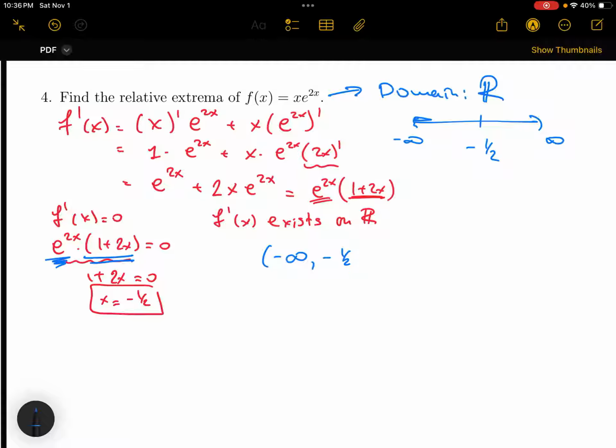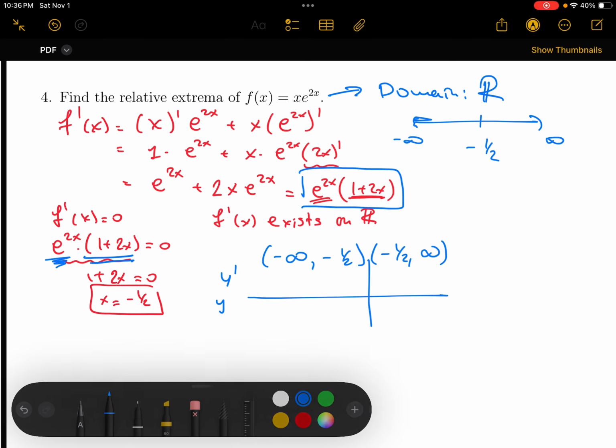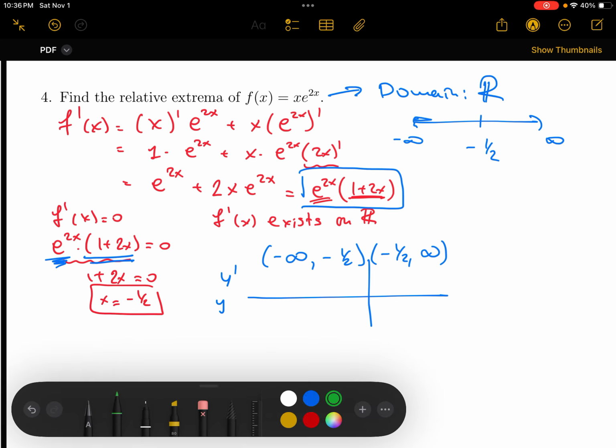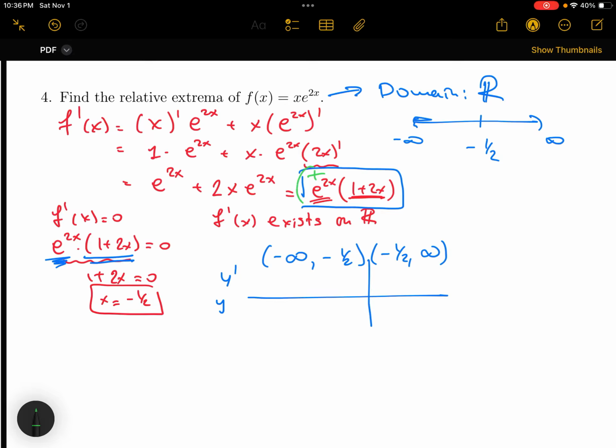You have from negative infinity to negative 1/2, and from negative 1/2 to infinity, y prime and y. If I look at this product here, I can see that this factor is always positive, so you can simply ignore it in building this table.